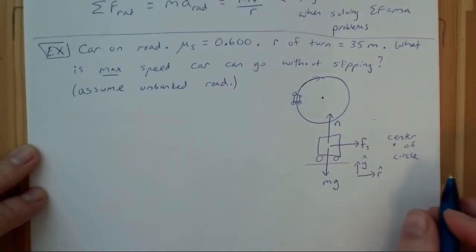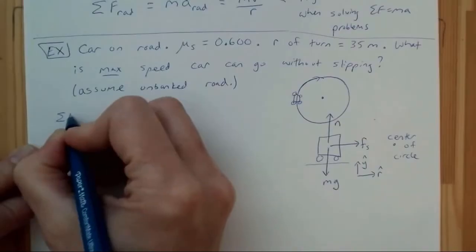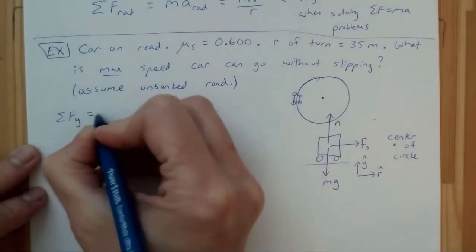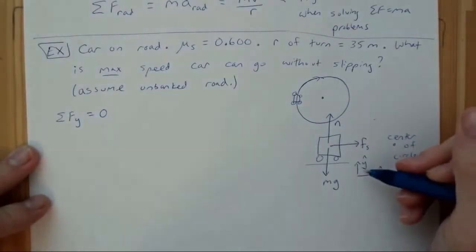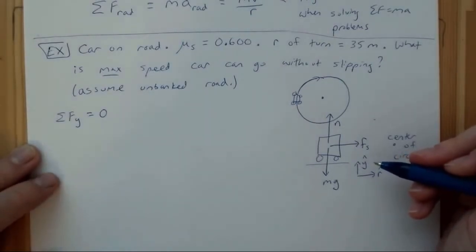Okay, so at this point then, I can look at the sum of forces in y and the sum of forces in x. Let's do the sum of forces in y first, because we note that in the y direction it's in mechanical equilibrium, so the sum of forces in y is equal to 0.